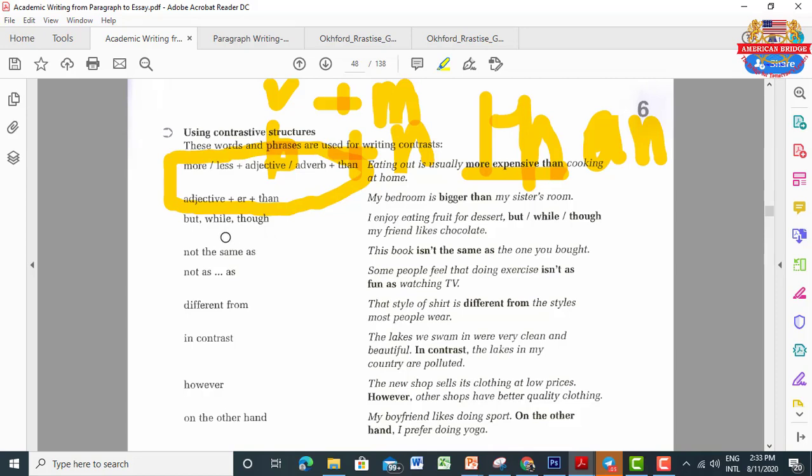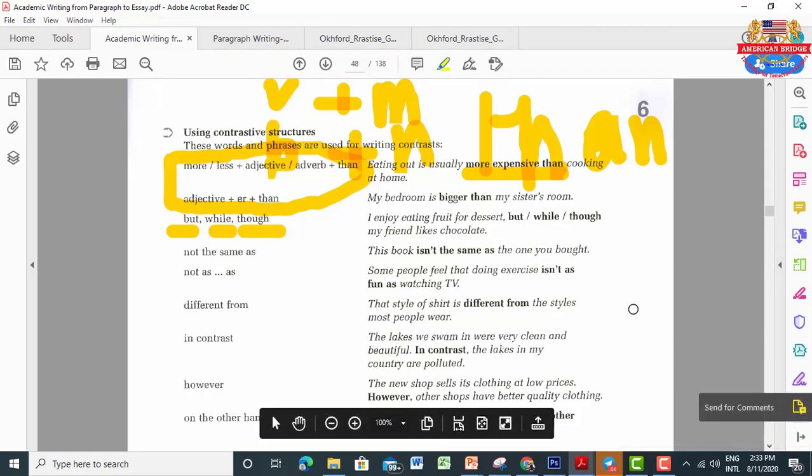Okay, we use but, we use while, and we use though here. Like, I enjoy eating fruit for dessert, while my friend likes chocolate. So we use but, while, or though here to show the contrast meaning.